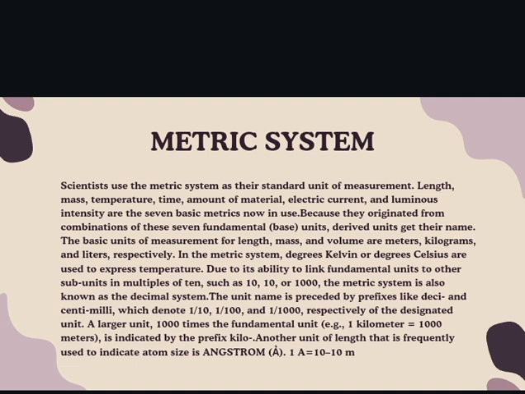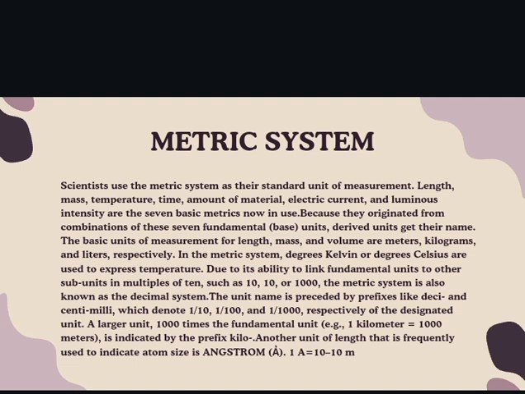A larger unit, 1000 times the fundamental unit, is indicated by the prefix kilo; 1 kilometer is equal to 1000 meters. Another unit of length that is frequently used to indicate atom size is the angstrom. 1 Å is equal to 10^-10 m.